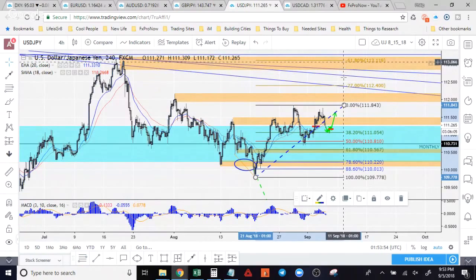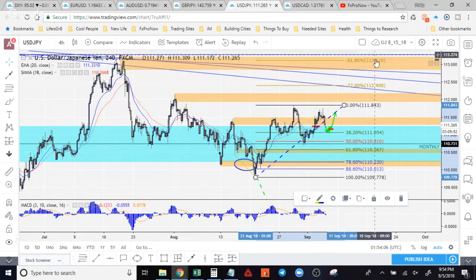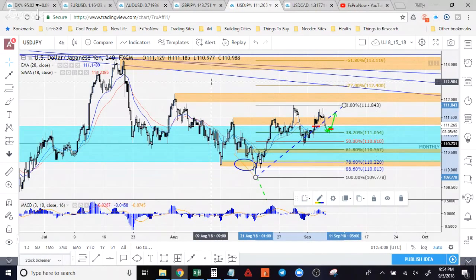No, the first take profit would probably be 112.4. All right, second take profit 113.1. And then third take profit I have is 114. No, 113.1. Sorry, and third take profit 114.5, and then the last one 116.1.